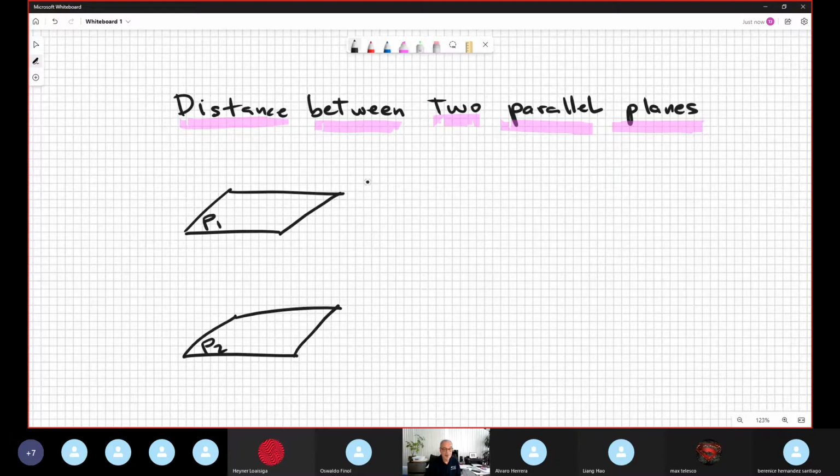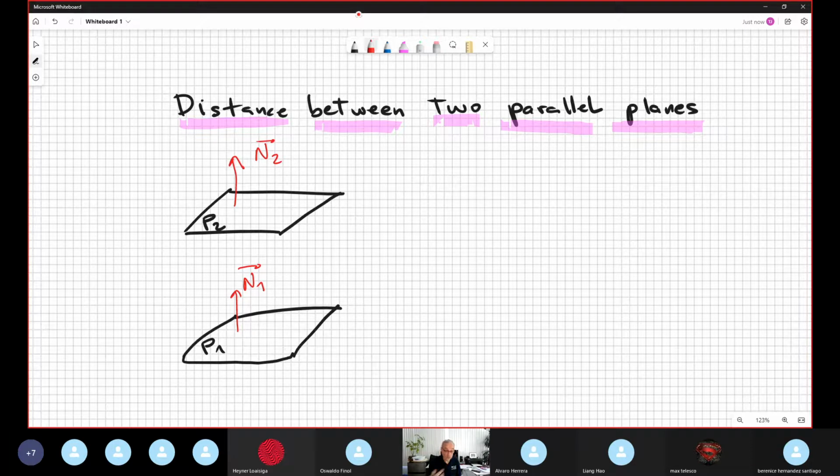And each plane has a normal vector. Normal vector 2. In my paper, I call this one with a different notation. This is 2 and this is 1. So we have normal vector 2 and we have normal vector 1.